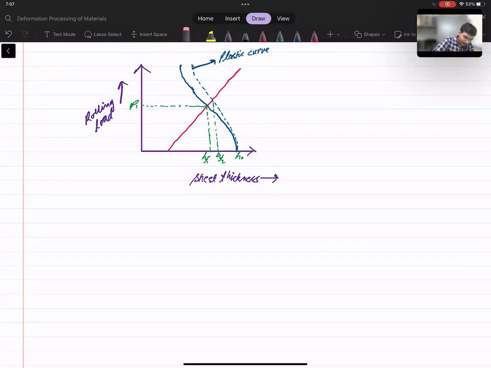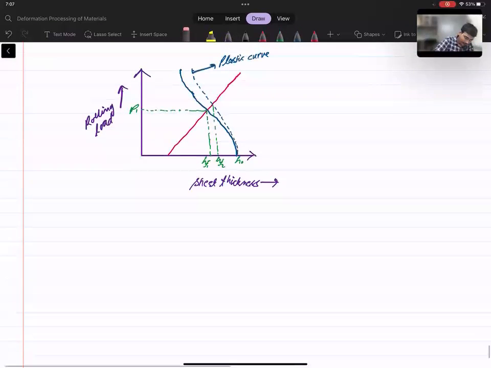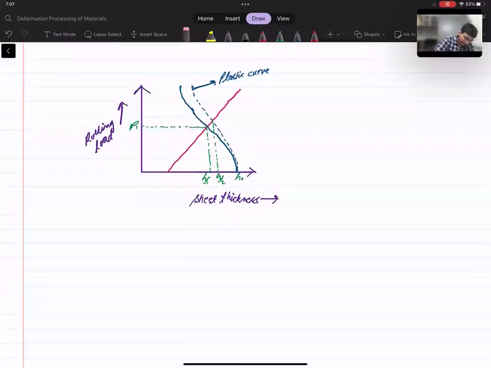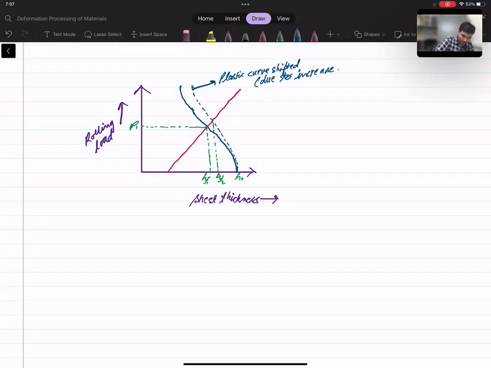Plastic curve shifted due to increase in mu or sigma. Okay.